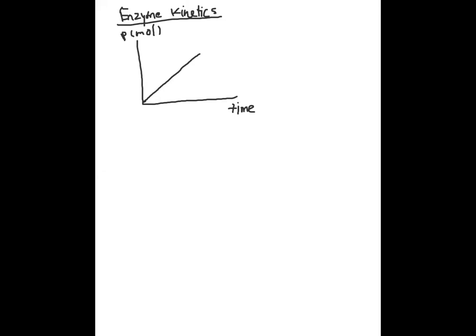The most important one is the value of Vmax and Km. The value of Vmax and Km would be constant within the same enzyme.